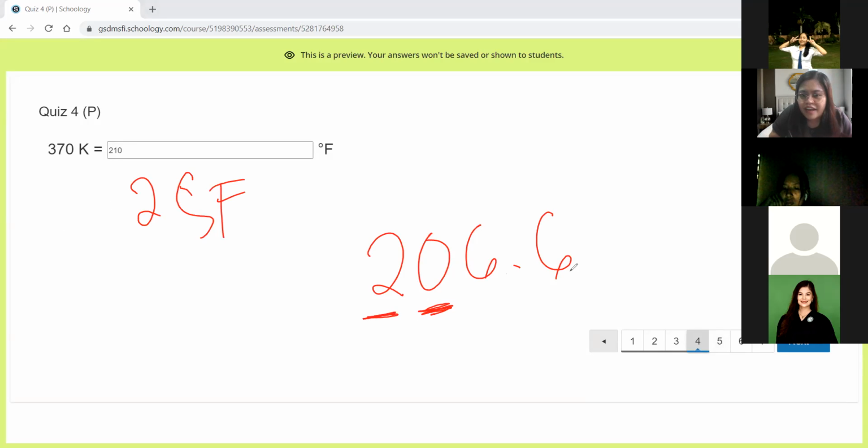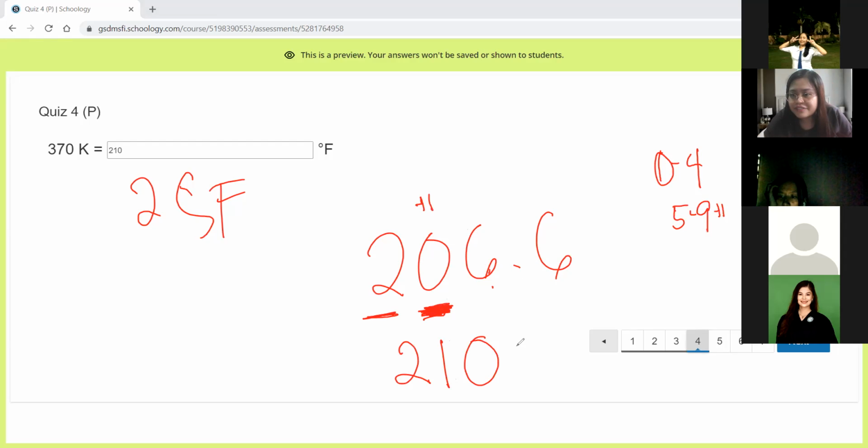And then we need to round off the remaining digits so that it becomes 2 significant figures. The next digit is 6. When you round off, you look at the next value, that is 6. If it's 0 to 4, keep as is; if 5 to 9, plus 1. So since it is 6, you add plus 1. When we round off, it becomes 210. Thank you, ma'am. Okay.